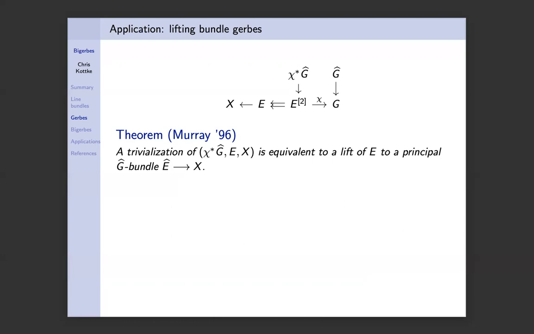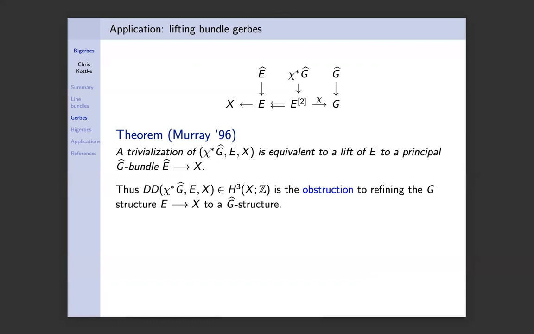That problem is exactly equivalent to the question of whether this bundle gerb is trivial in the sense of bundle gerbs. And of course, that's answered by whether this characteristic class vanishes. And so we get a characteristic class in H3 of X, which then represents the obstruction to this lifting problem.